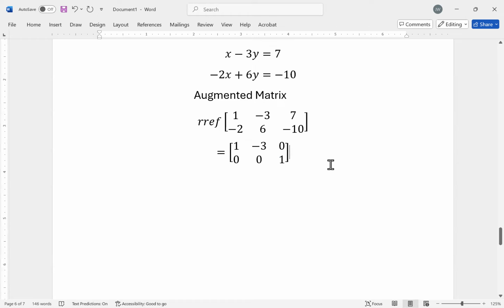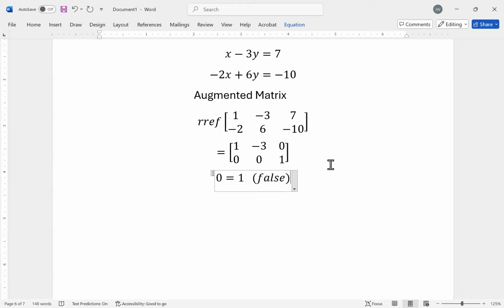Now, if you think about that, that means x minus 3y has to be 0. And what's really important is that the second equation tells me 0x plus 0y is equal to 1. In other words, 0 is equal to 1. That's obviously not true. That's a false statement.